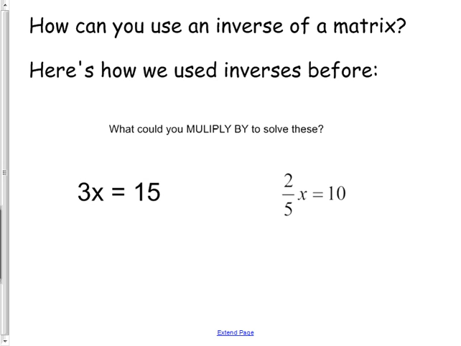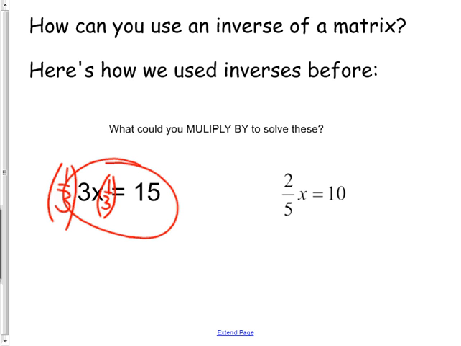I'll show you how to do the inverse matrix thing in a second. But how could you solve this problem? What could you multiply both sides by? 1/3. Do you get that that's the inverse of 3? Now you'd multiply both sides by 1/3. In this world, multiplying by 1/3 on this side or on this side are the same thing.